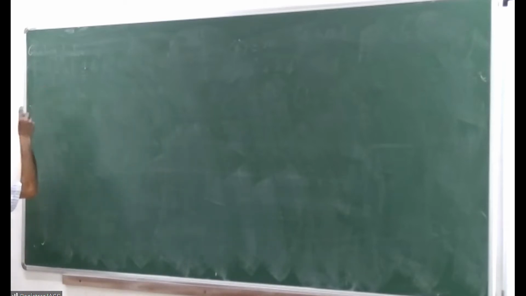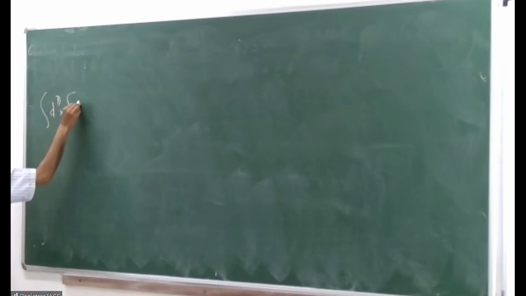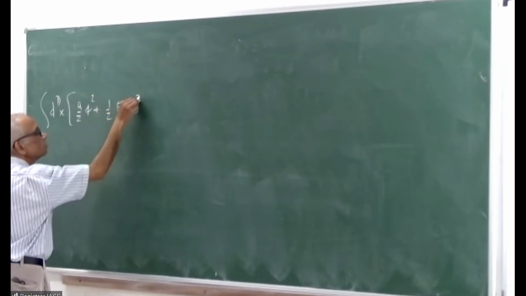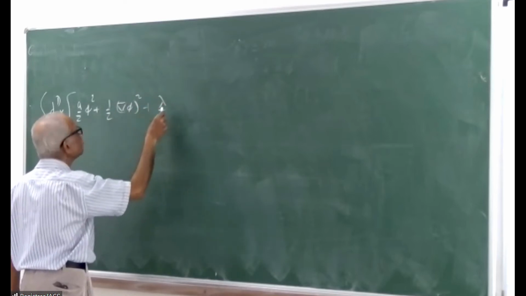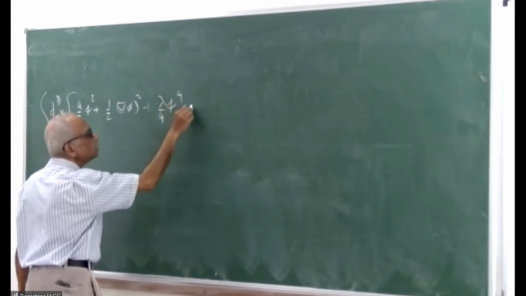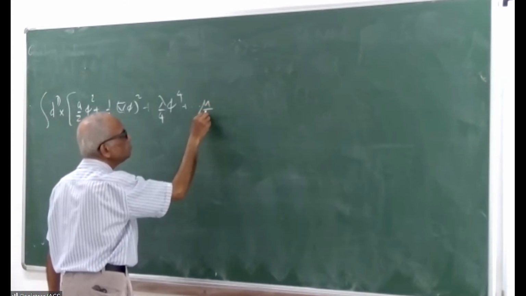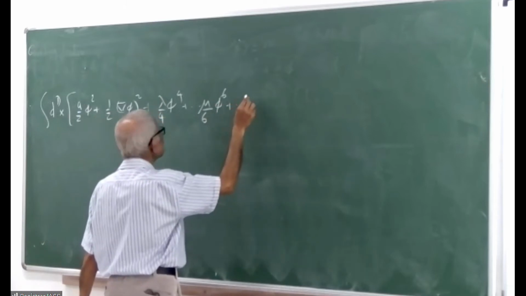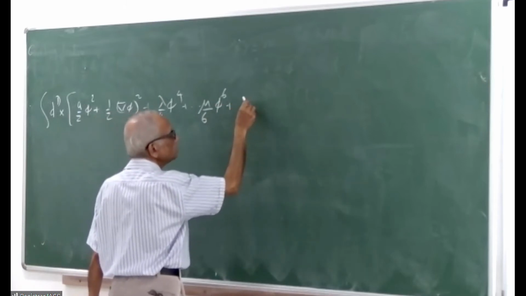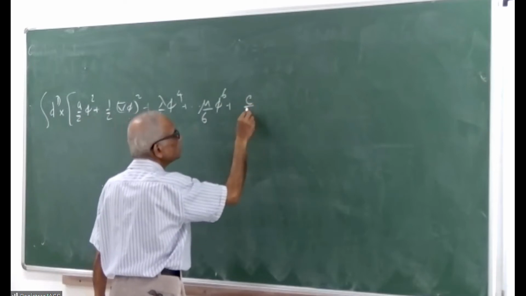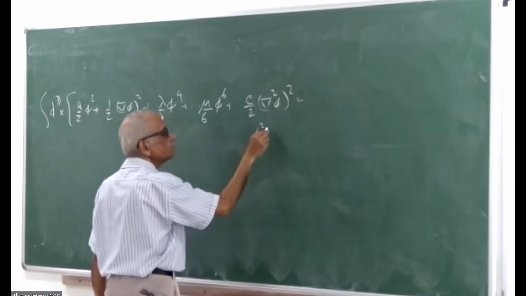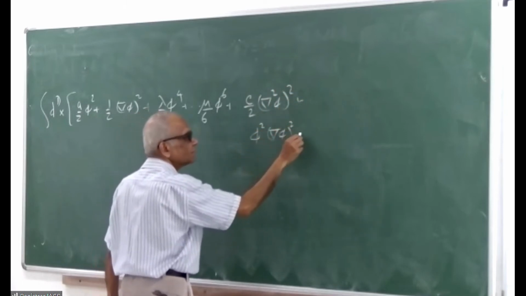Now comes the question: why does one terminate at A over 2 phi squared plus half grad phi squared plus lambda over 4 phi to the 4, when it could have been mu over 6 phi to the power 6? Up-down symmetry is being maintained. Maybe then some c over 2 del squared phi squared, or things like that.